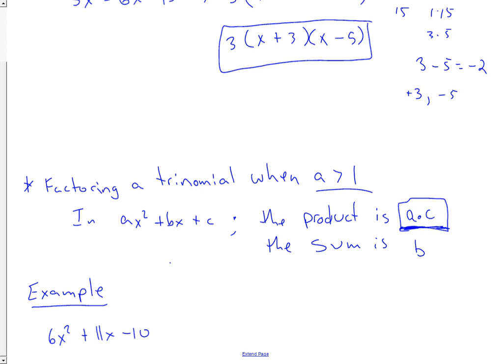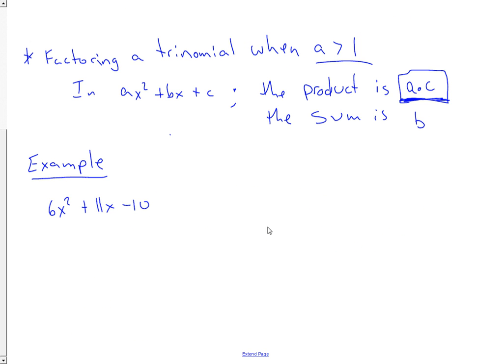Now let's look at factoring a trinomial when we actually do have a greater than 1 and we cannot factor it out. So when we have a trinomial written in the proper format, the product is going to be that number out in front times the last number.